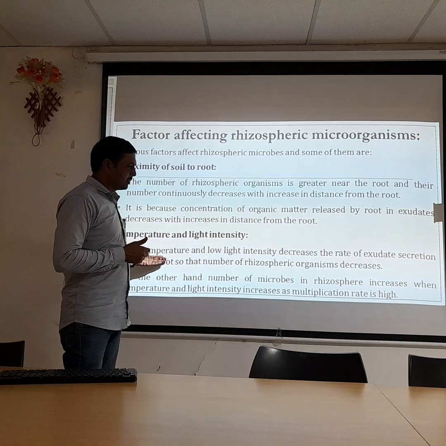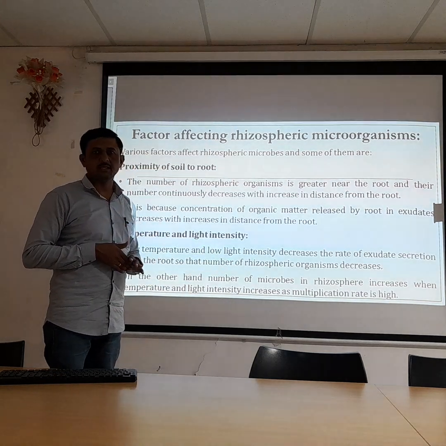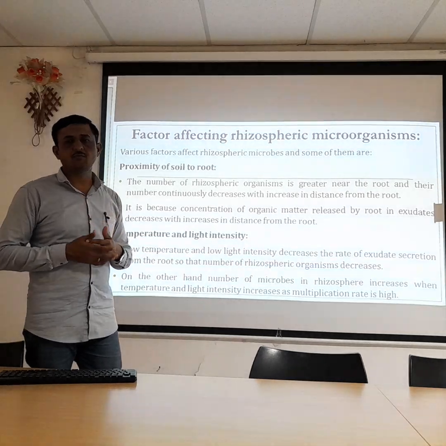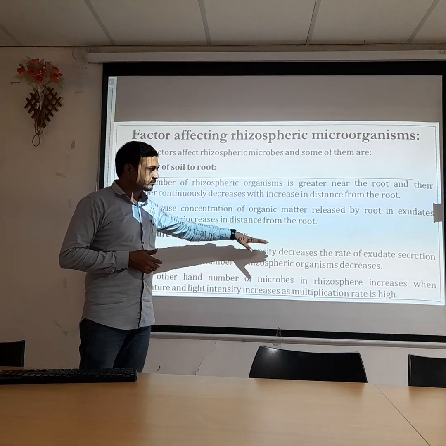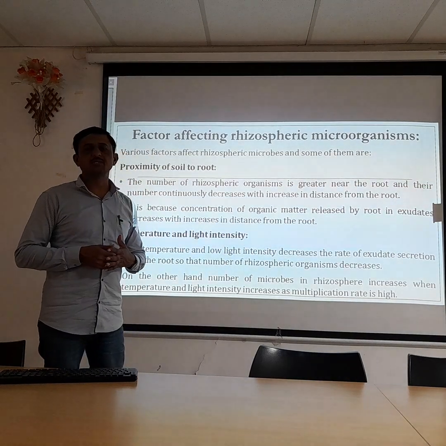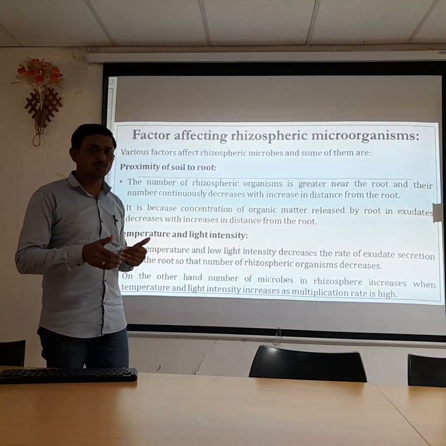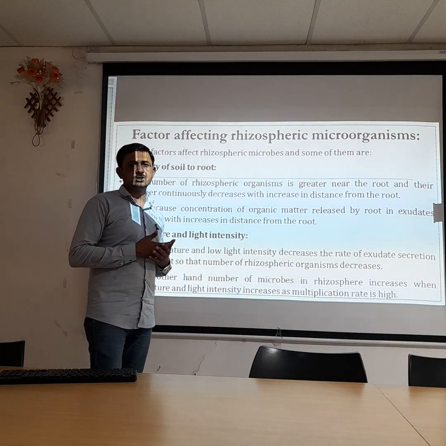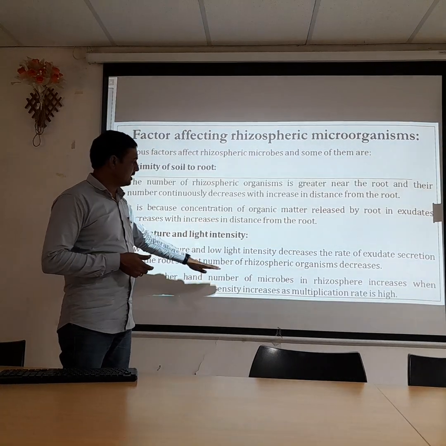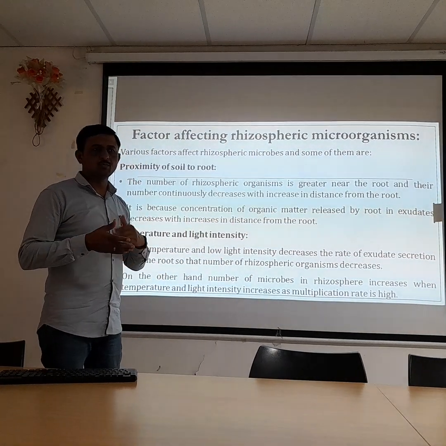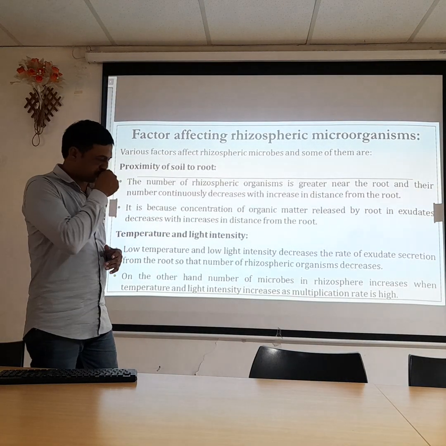Low temperature, that means below optimum temperature, and low light intensity also affect the photosynthetic rate of plants. Due to that, the secretion from plant roots decreases, and the organic substances required for microbial nutrition may decrease. That's why it is another factor affecting the microbial population near the rhizosphere.